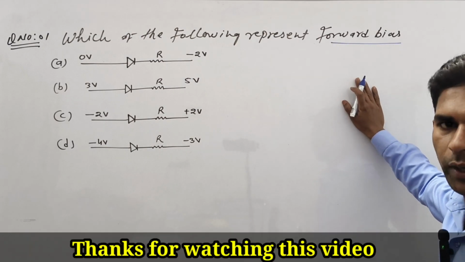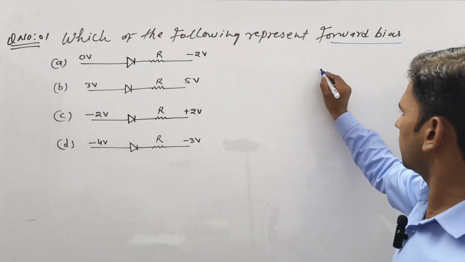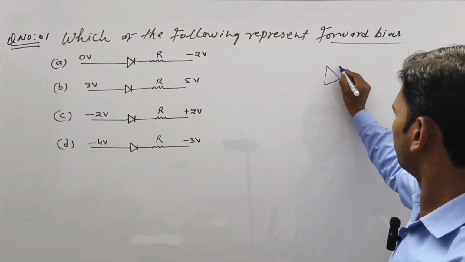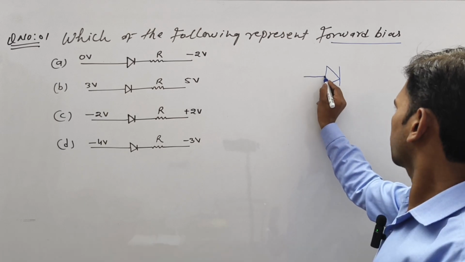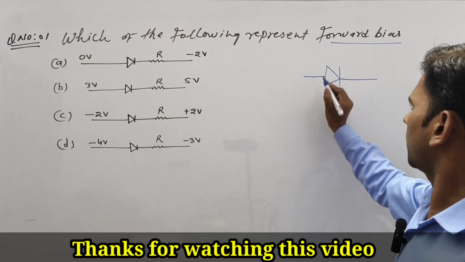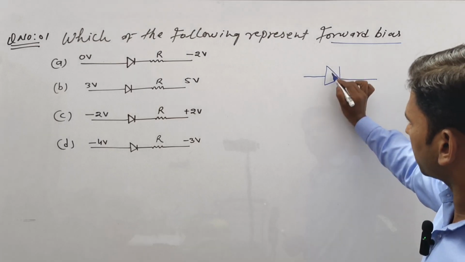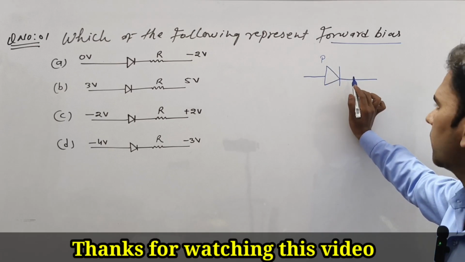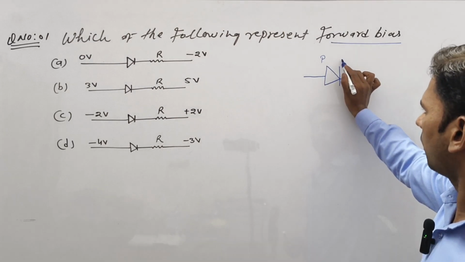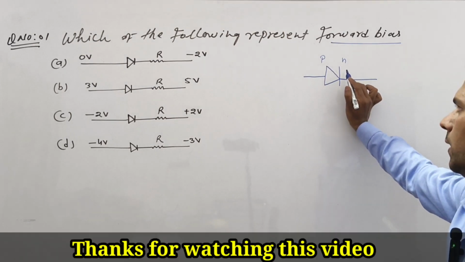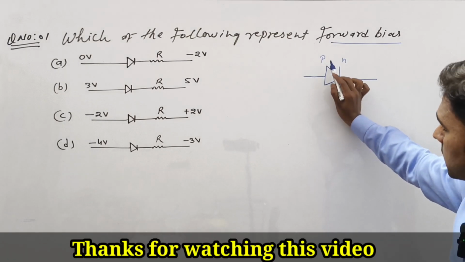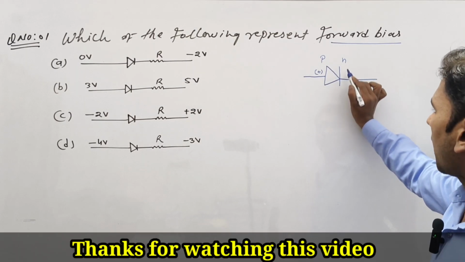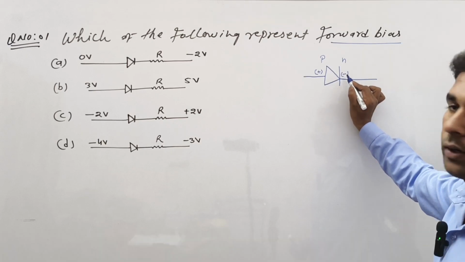Remember one point. Whenever you see this symbol, don't be confused. This big side is called the p type semiconductor and this pointed side is called the n type semiconductor. The p side always shows the positive terminal, and the n side always shows the negative terminal.